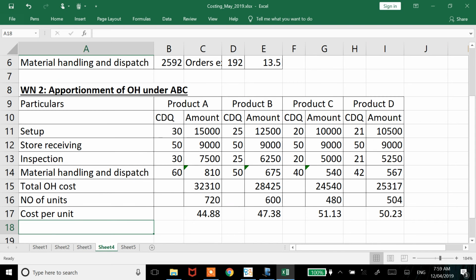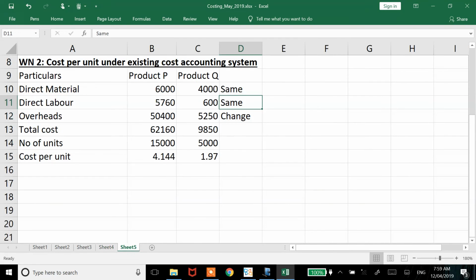We have already done these two working notes. Again we are going to repeat that. We will get the overheads under ABC, and you will come to this place. You will copy the material cost, you will copy the labor cost. This alone will undergo a change. Overheads can't be 52.5 into the number of labor hours. That is what ABC and this has a difference.